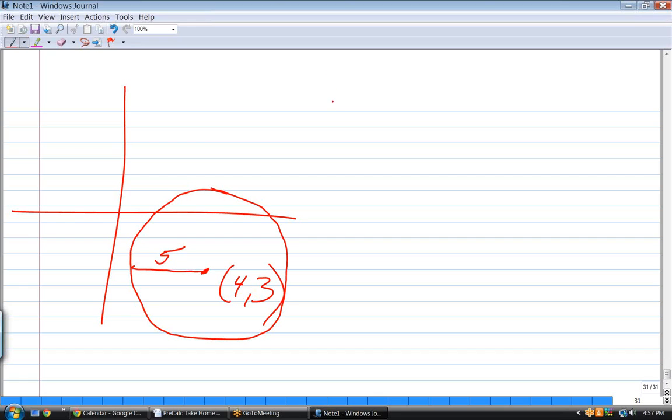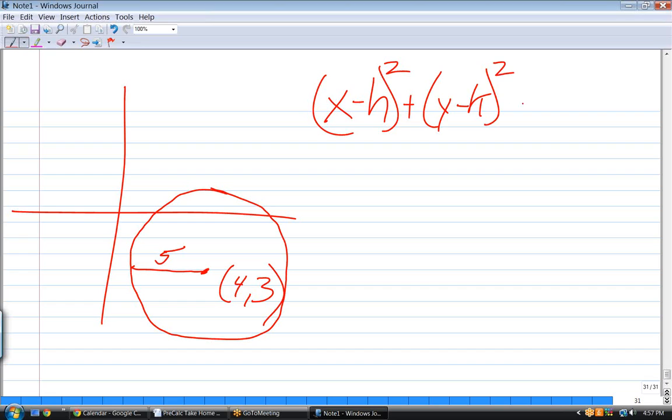Well, the equation of a circle is x minus h quantity squared plus y minus k quantity squared equals the radius squared. That's the equation of any circle, and h and k are the center, and r is the radius.